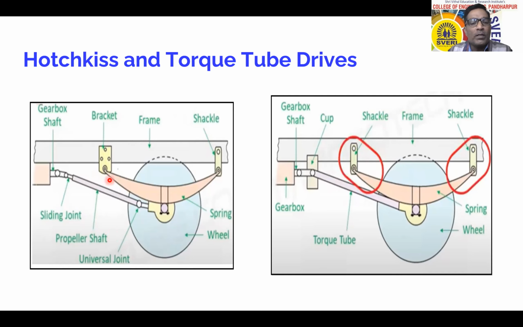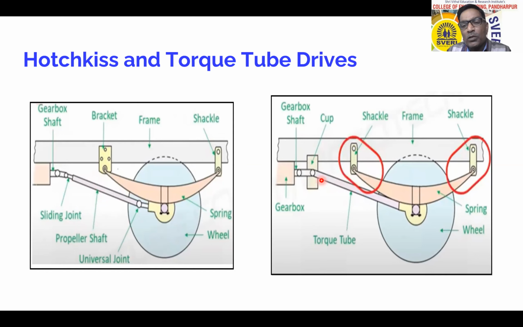So this one is Hotchkiss type and this one is the torque tube. So at both ends of the leaf spring, there is a shackle. That is one major difference. Here, the propeller shaft has to rotate and has to take part in driving thrust as well as driving torque and the braking thrust.